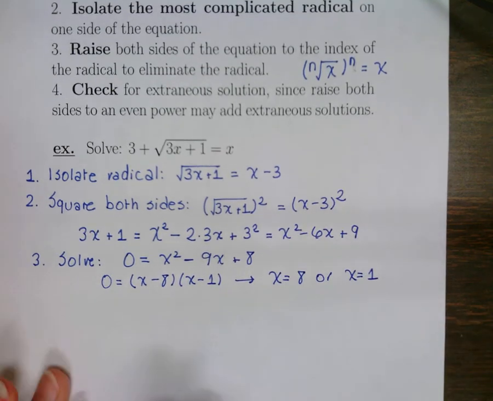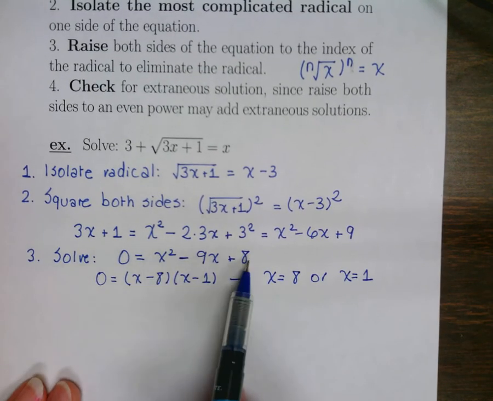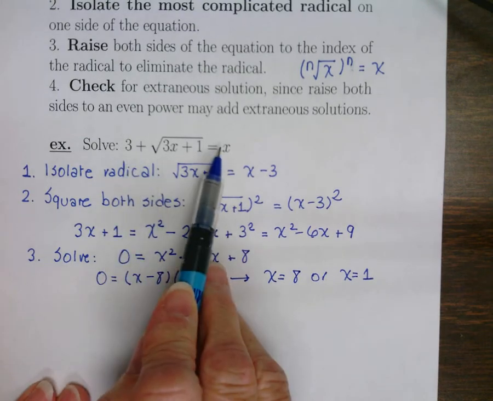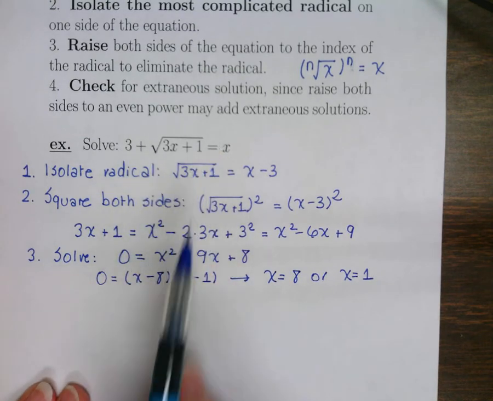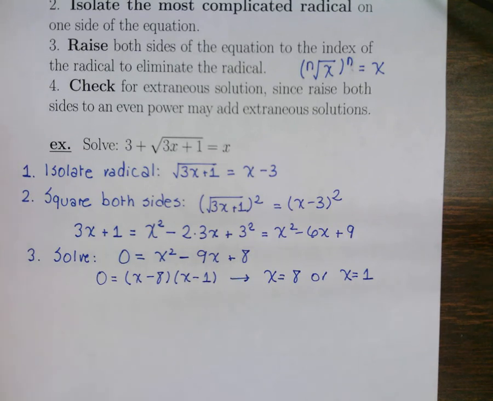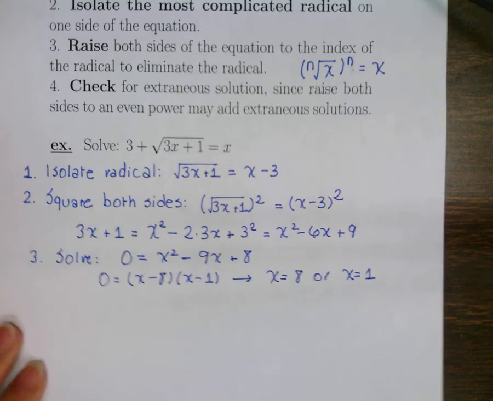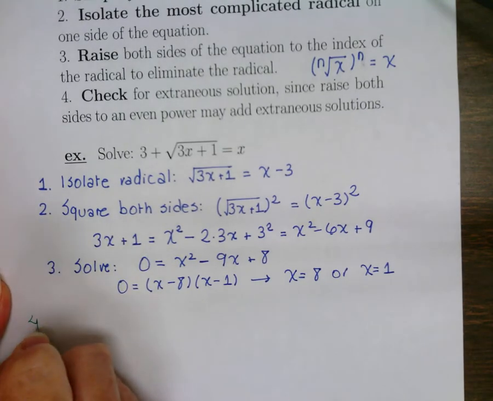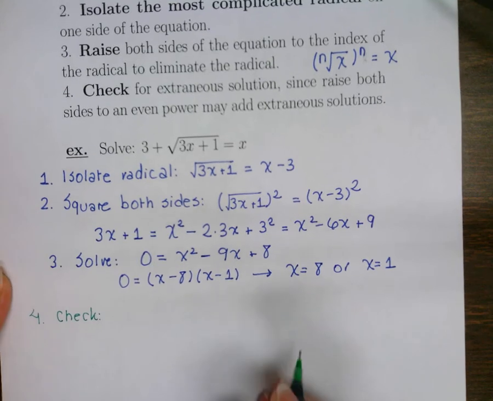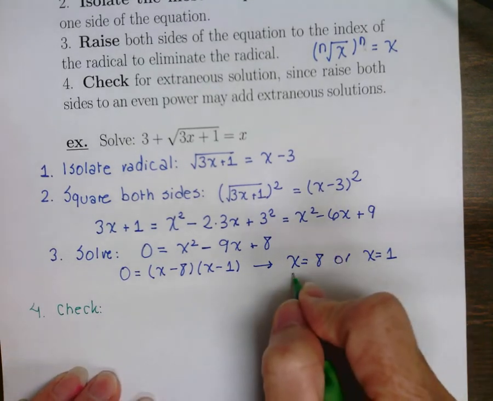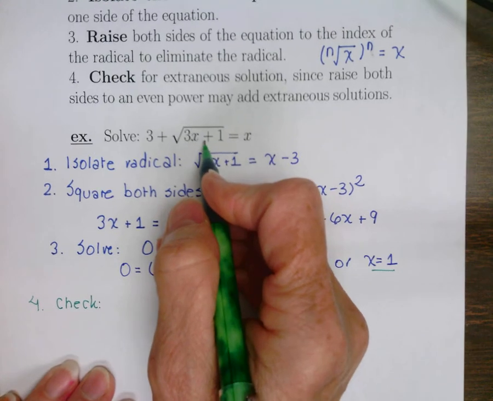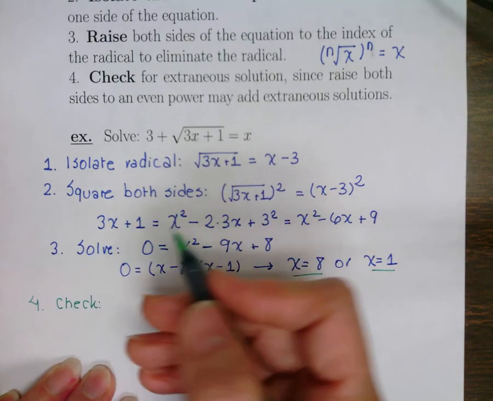Now I'm not stopping here though, because this equation could have solutions that the original does not, because we have domain issues here, no domain issues here. And so what I have to do next is check. And I simply take each of my possible solutions and put them back in the original radical equation to see if it's a real solution.